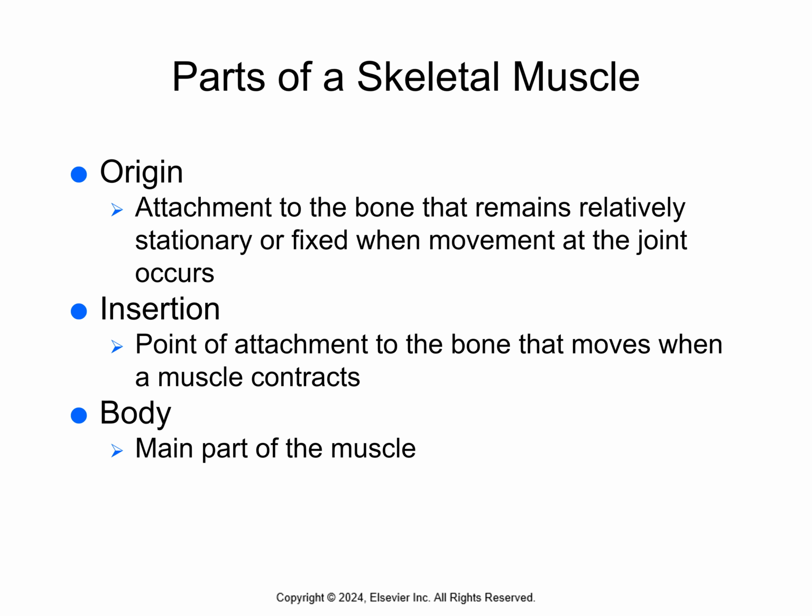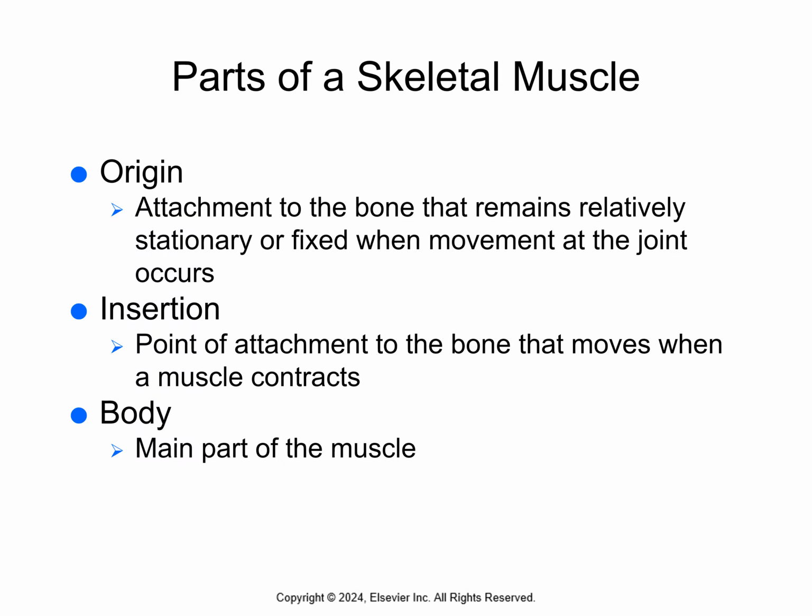My humerus, my origin, stays the same. But the radius, which the muscle moves, is my insertion. That's the point that actually moves. So the point of attachment to the bone that moves when a muscle contracts is the insertion.